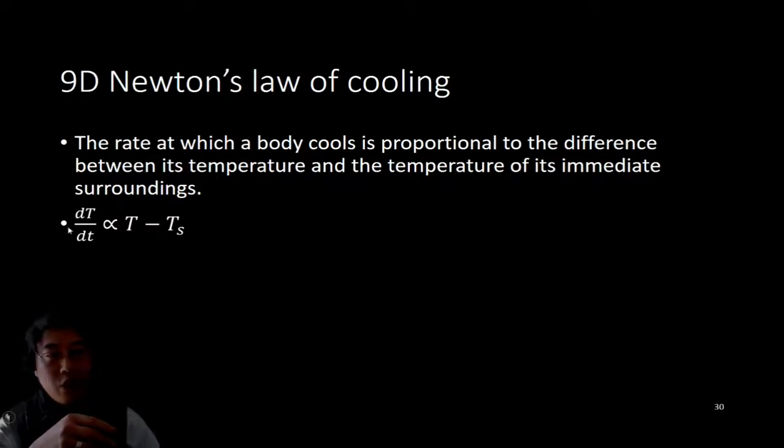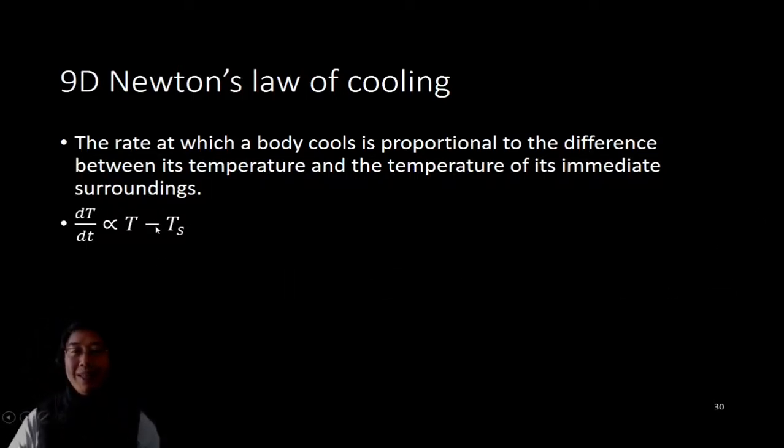That is the equation, and when you anti-differentiate, there is an exponential function. Okay. It's the same, so it doesn't matter. So if the starting temperature is above, it's going to cool down to the surrounding temperature. If the starting temperature is below, it's going to warm up to the surrounding temperature.